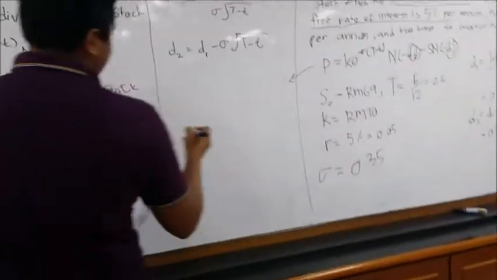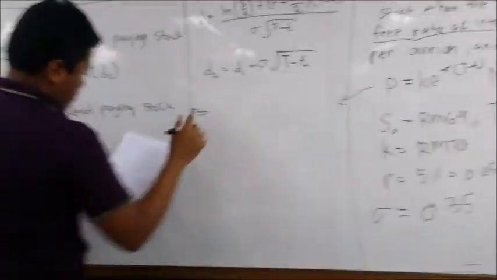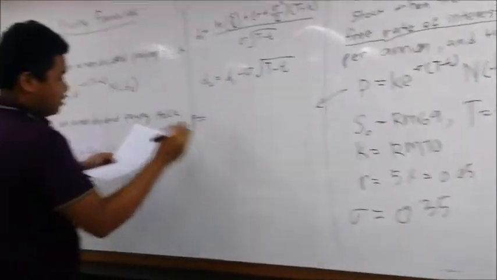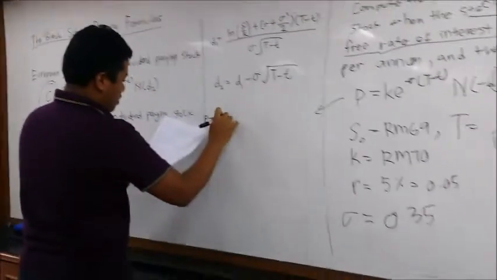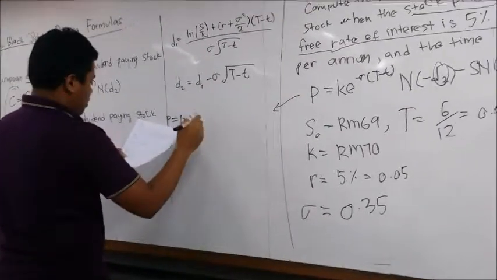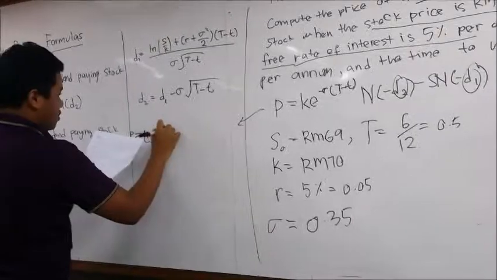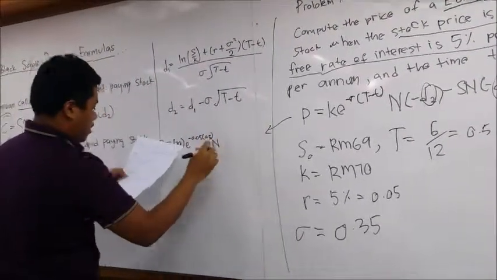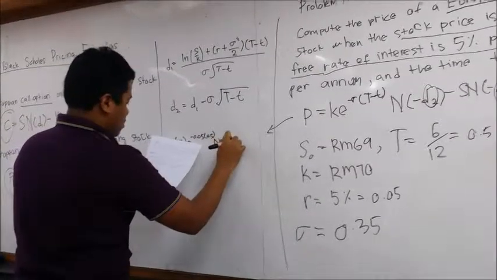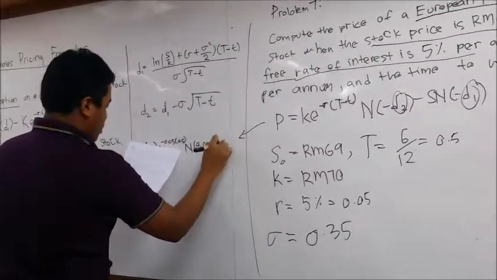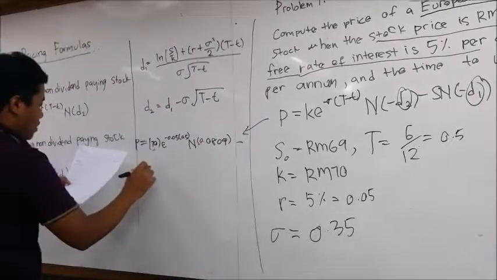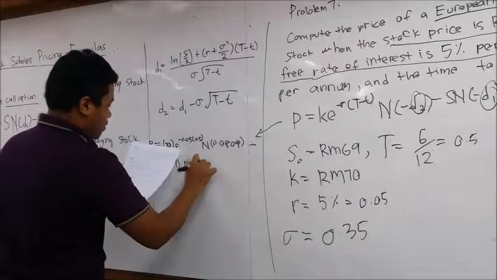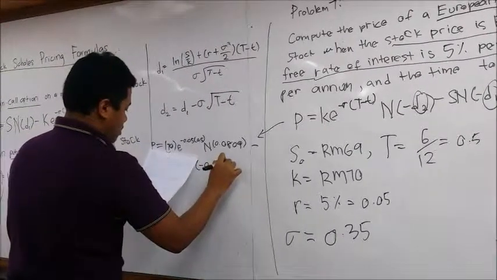For the put option P, we use this formula. So plug in: the P, exponent of negative 0.05, then the normal of 0.0809, minus 69 times the normal of negative 0.1666.